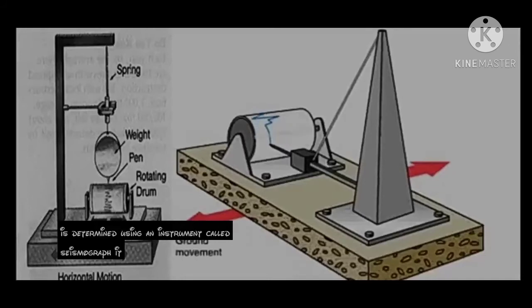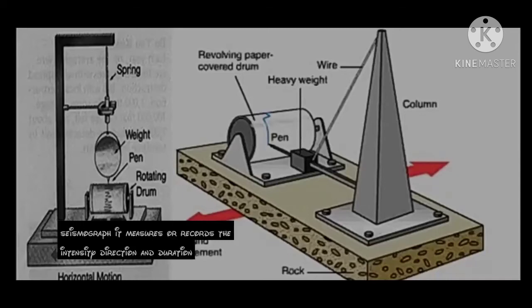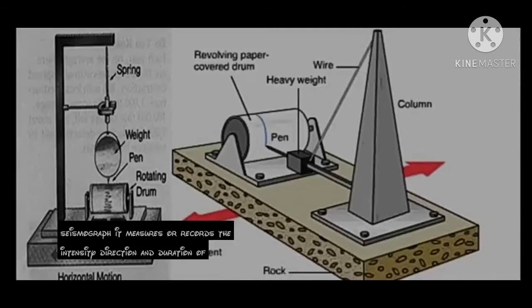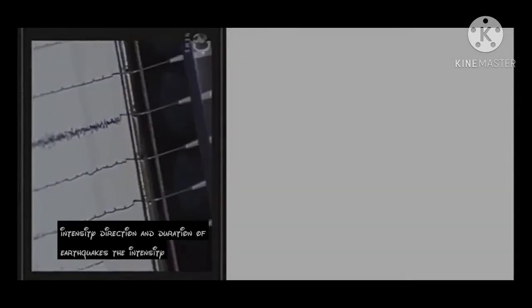That instrument is called a seismograph, which you are seeing on the screen. It measures or records the intensity. It means at what rate or in what direction the earthquake occurred, and it even records the duration of the earthquake.